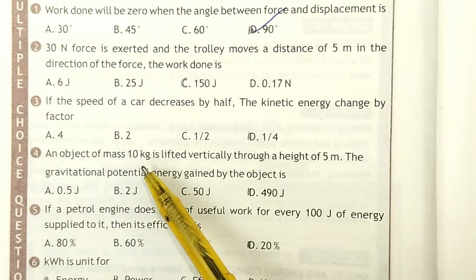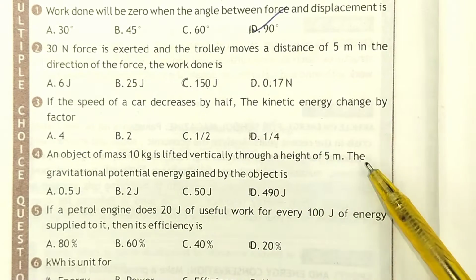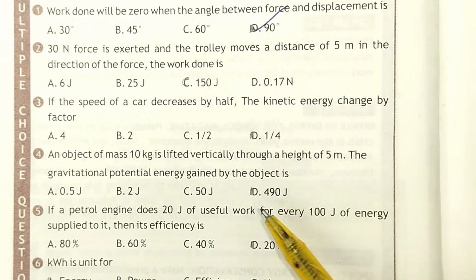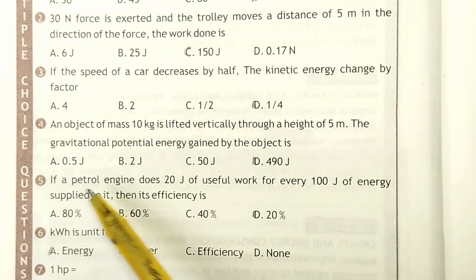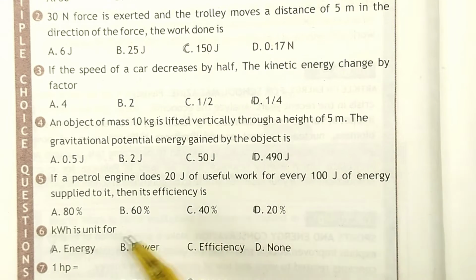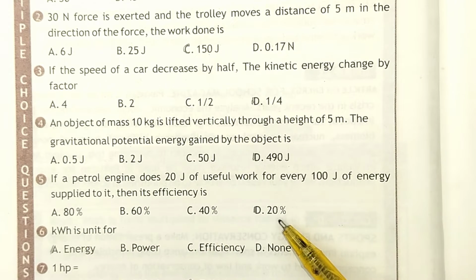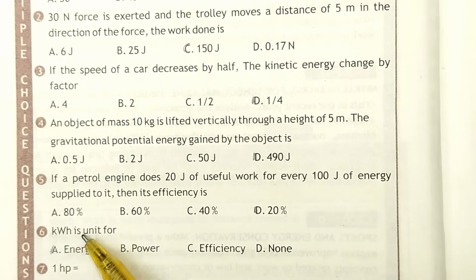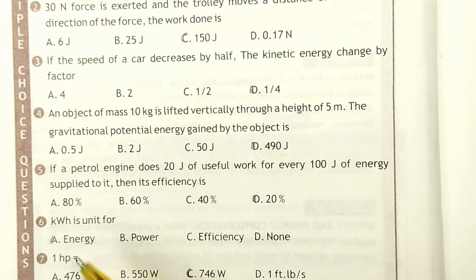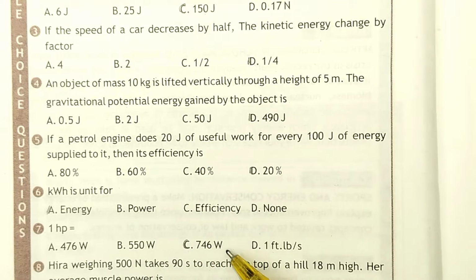An object of mass 10 kg is lifted vertically through a height of 5 meter. The gravitational potential energy gained by the object is 490 joule. If a petrol engine does 20 joule of useful work for every 100 joule of energy supplied to it, then its efficiency is option D, 20%. kWh, kilowatt hour, is the unit for energy. 1 HP is equal to 746 watt.